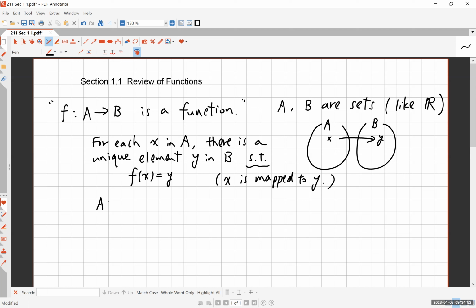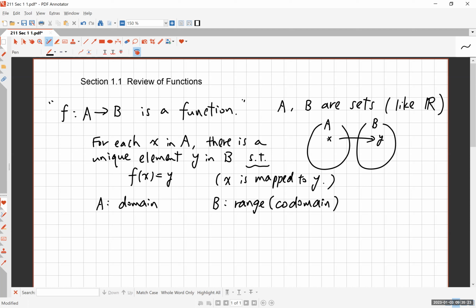Now A is called the domain. Every element of the domain has to be mapped to an element in the set B, which you may have learned as the range, but more broadly, I will give you another more technical word, which you'll probably be using later in your advanced mathematics classes. We use the word codomain as opposed to the domain.